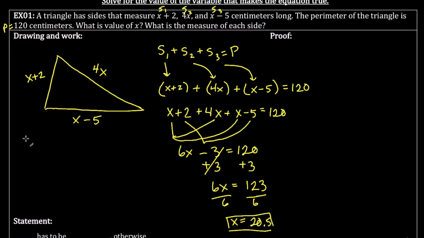So let's start off with side 1. Side 1 was x plus 2. So instead of x, we are going to substitute in 20.5 plus 2, which is 22.5, but let's not forget our units of measurement, centimeters.